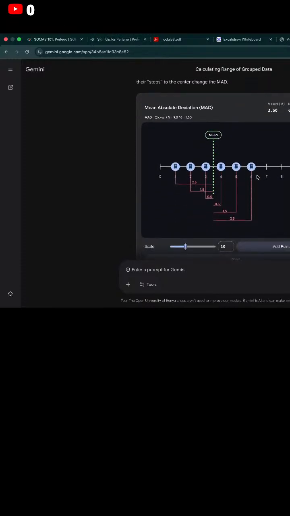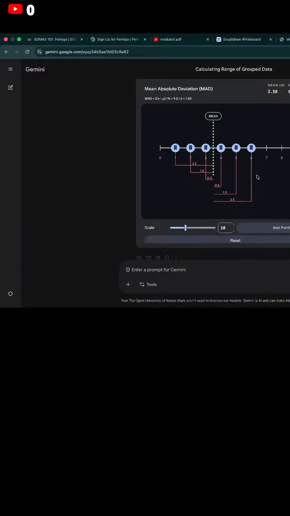So we have a visualization on how to do it. So this is our mean, and this is where each and every one is standing. So I used an analogy.